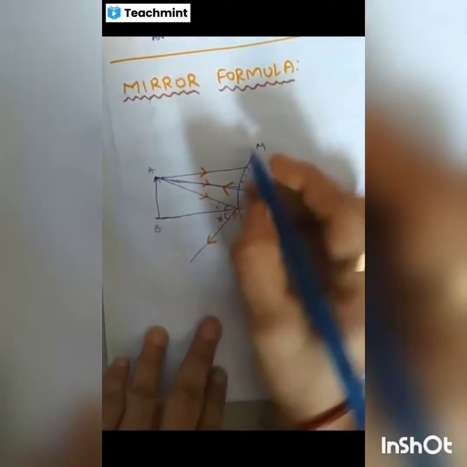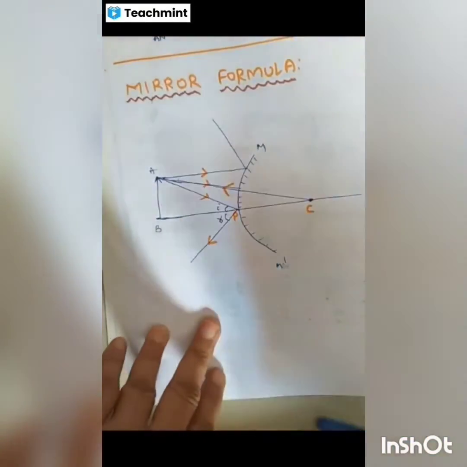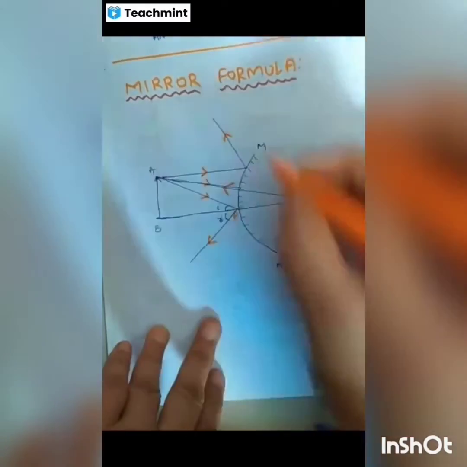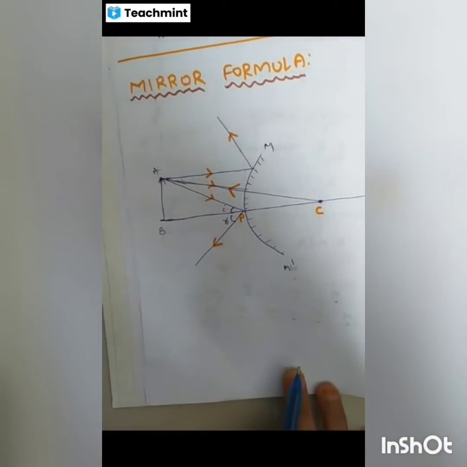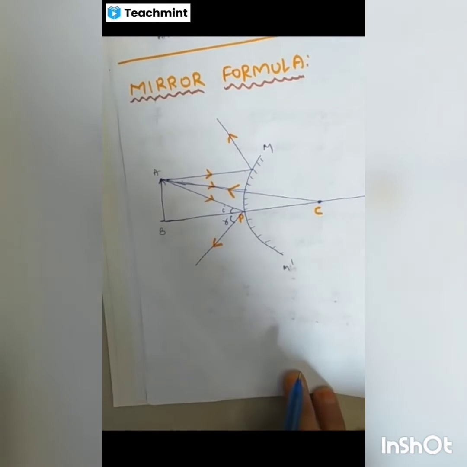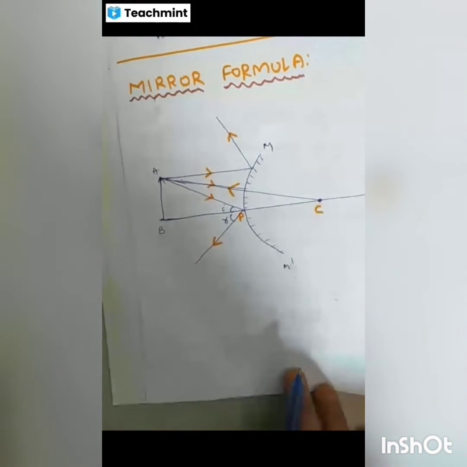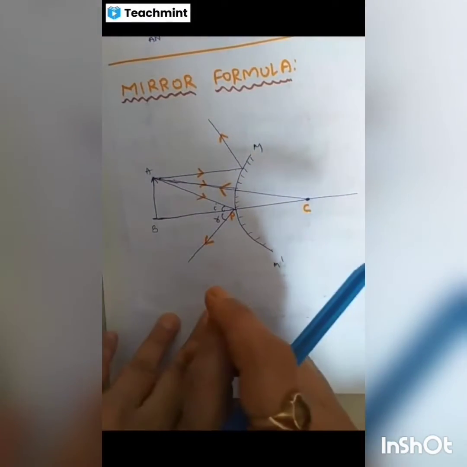That reflects in this direction, for example. So all the rays which are incident on the mirror reflect. Only reflection here, not refraction. If it is a lens, refraction also takes place, but we are taking a mirror, only reflection takes place, is it not?